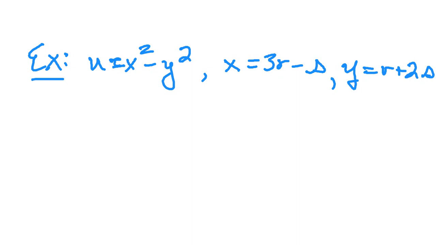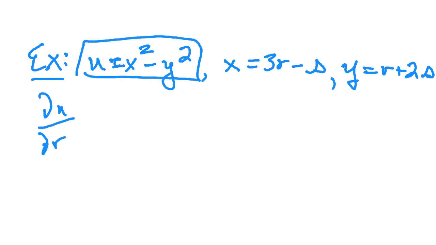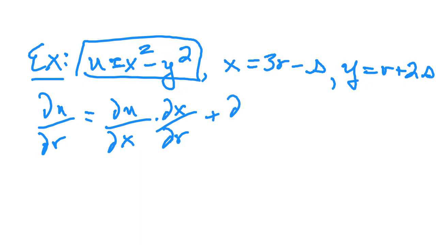And if I just want to calculate the partial of u with respect to r, then since u is not defined in terms of r, we need to use the chain rule. So it's going to be the partial of u with respect to x first, times the partial of x with respect to r, and then do this for every variable that we have.